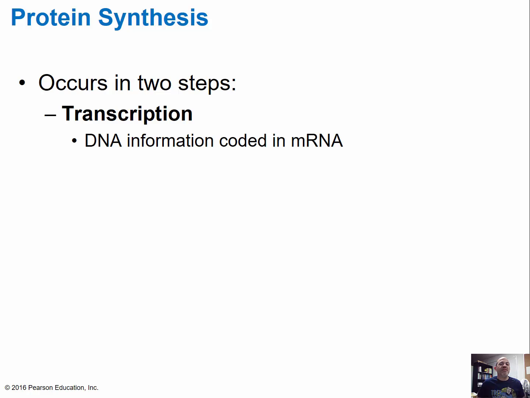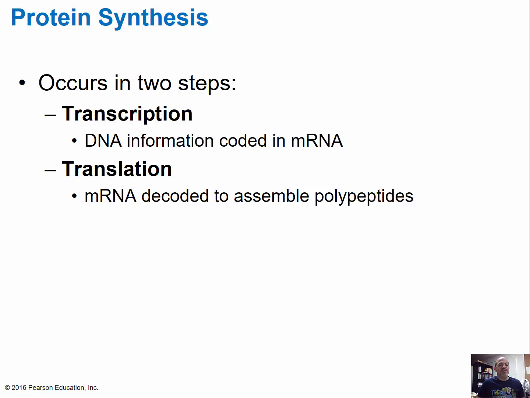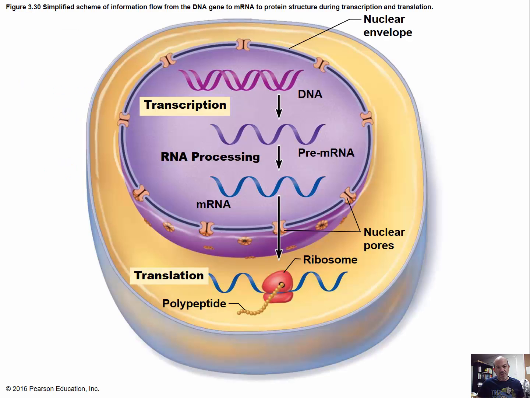Transcription, where we take DNA information and code it into mRNA. And translation, where mRNA is decoded to assemble polypeptides. The overall process is summarized here. Starting within the nucleus, we have transcription, where we go from DNA and make a mRNA transcript.